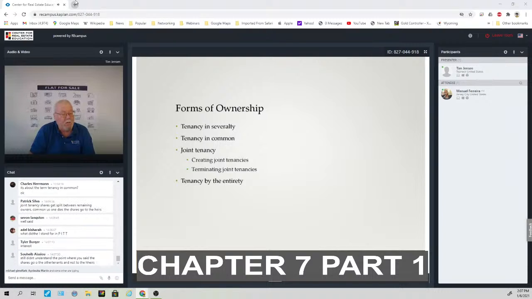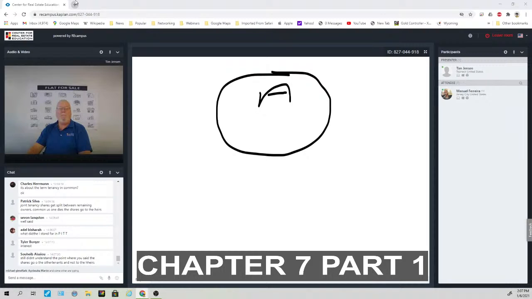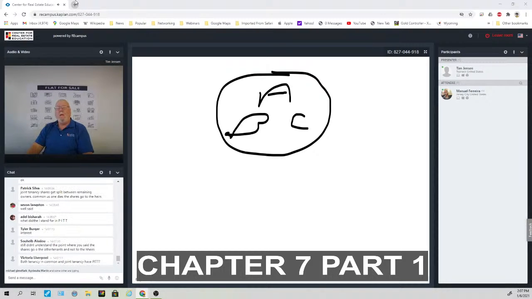I'm not seeing any other questions. Still don't understand the point where you said the shares go to the other tenants and not to the heirs. Right of survivorship, you're talking about. Okay, one more time. In joint tenancy, if one owner dies, his interest, his ownership of the property, does not go to the heirs.